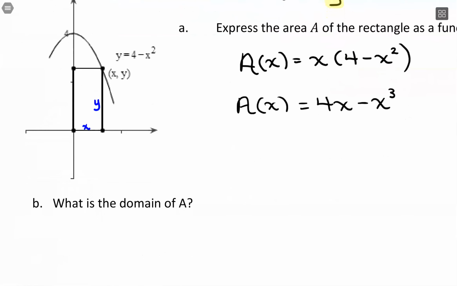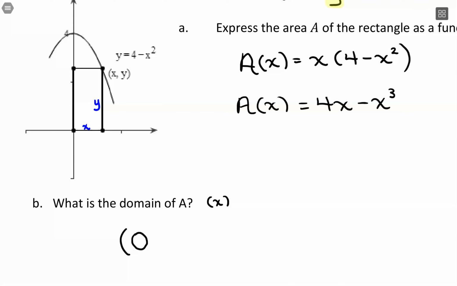Thinking about a domain, so domains in terms of x, we want to think about how we want to limit our x values. What should happen is we'll be limited by 0. We wouldn't want x to be 0 because there wouldn't be area then. So we're going to start at 0, and it kind of depends on whether or not you want to include 0.